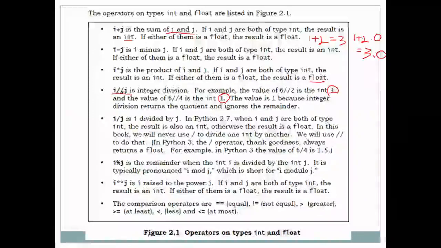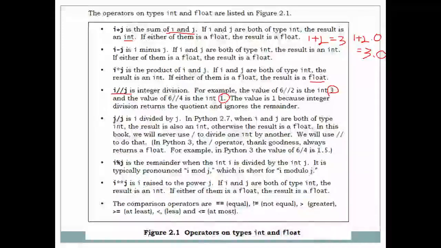This operator is used for integer division where both the operands are of type integer. The value is 1 because integer division returns the quotient and ignores the remainder. As we have studied in other languages as well, when both the operands of an operator are of type integer, the result is always integer.